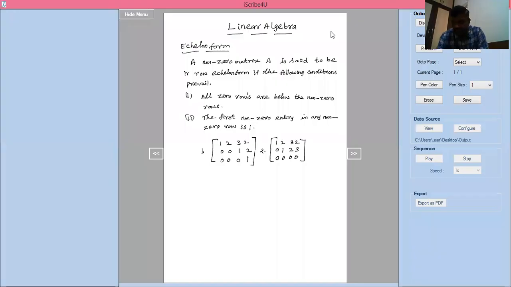Next, rank of a matrix. How do you find the rank of a matrix?